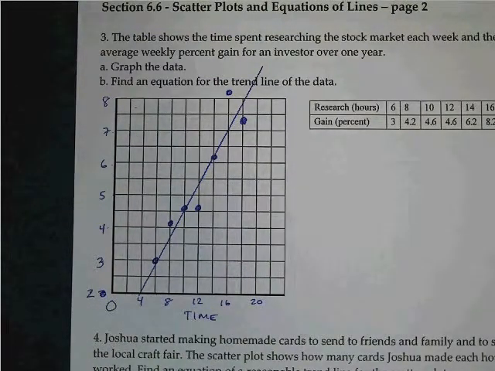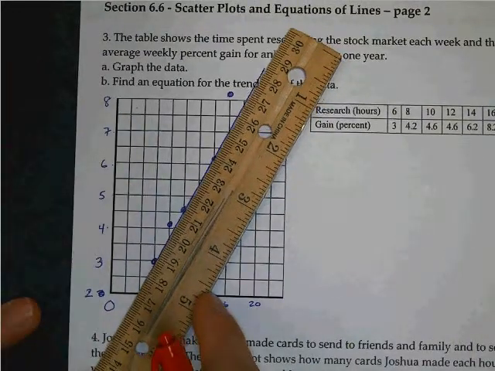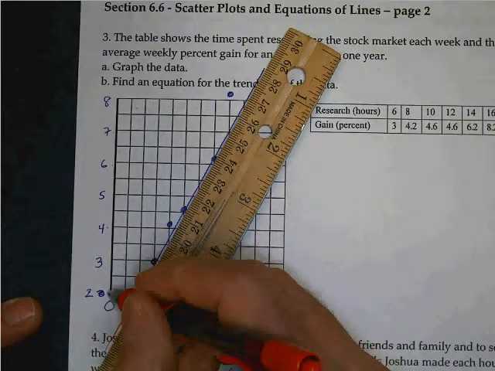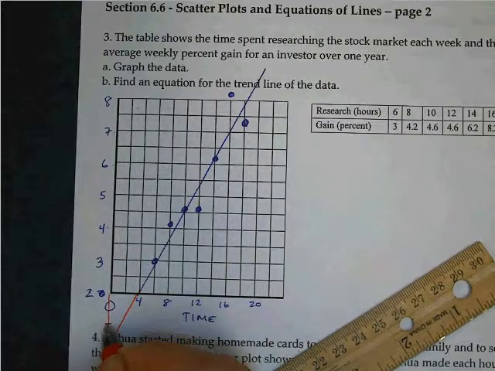Now you've got to estimate. Where's it going to go through at 0? So extend it down below here. If that's 3, that's about 1.